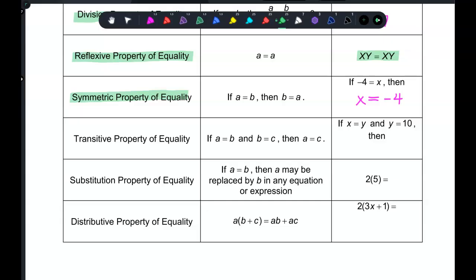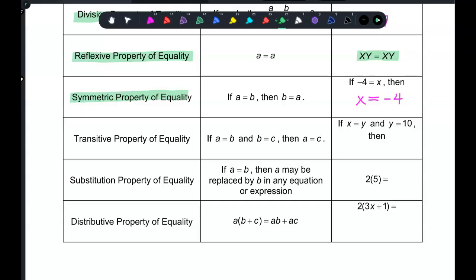And if you look, you'll see these 3, the reflexive, symmetric, and transitive properties, are on this list. I did not put addition, subtraction, multiplication, or division property because we really only use those for algebra proofs, so you just have to know those. On the test, we only need to know the ones on here.